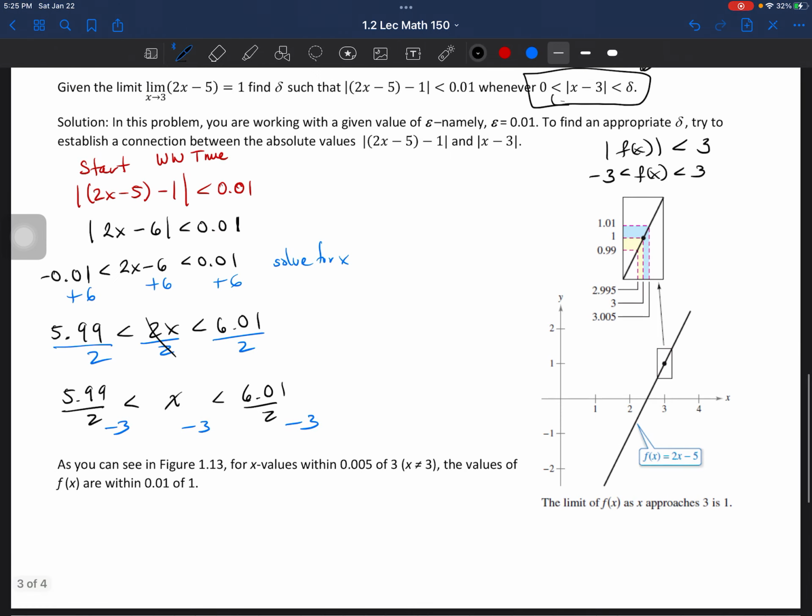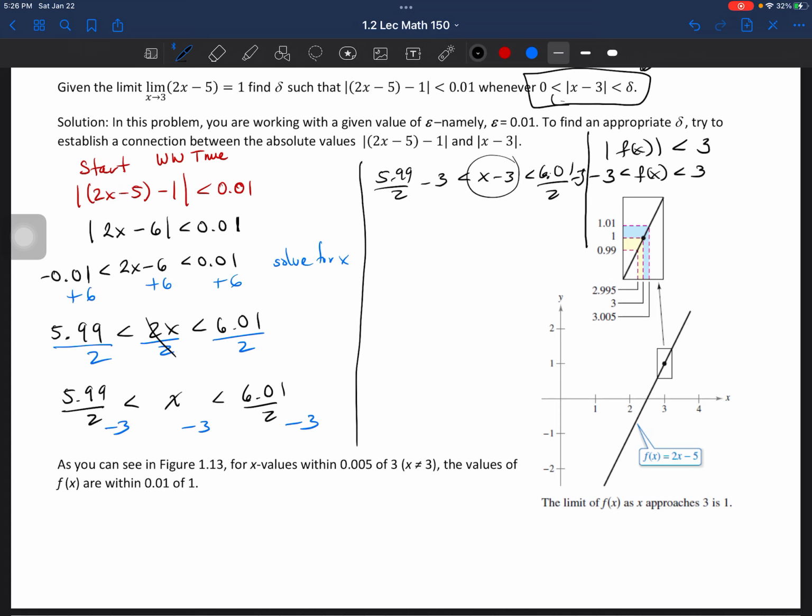So what we end up getting here is 5.99 over 2 minus 3 less than x minus 3 less than 6.01 over 2 minus 3. And I want to make sure I separate that right there. And there you go.